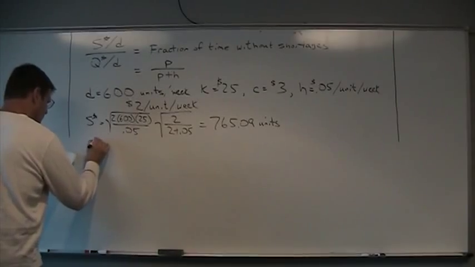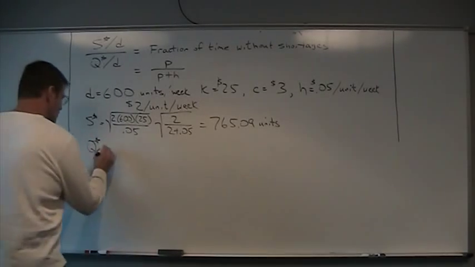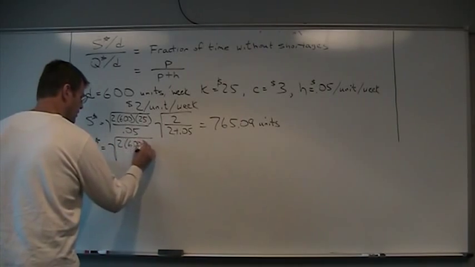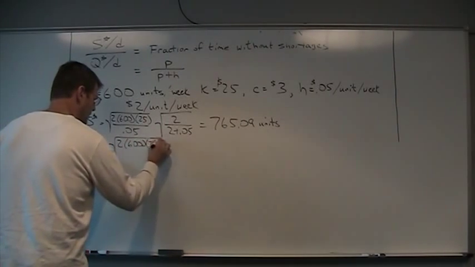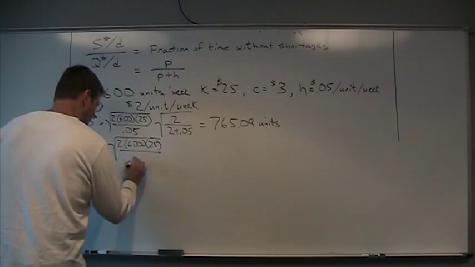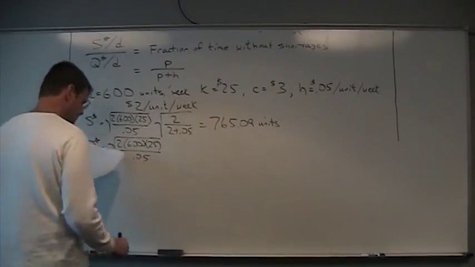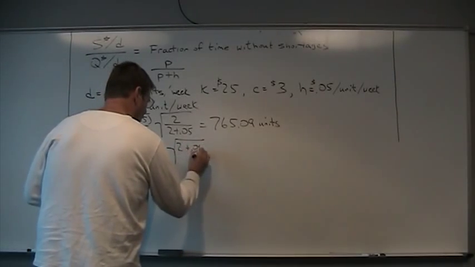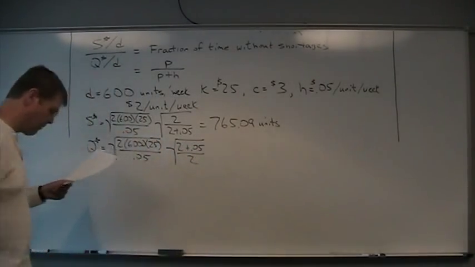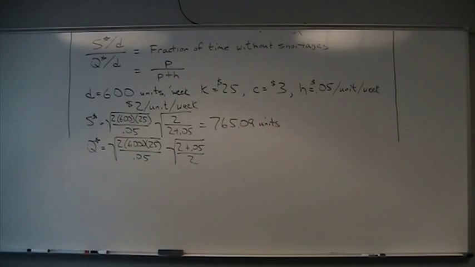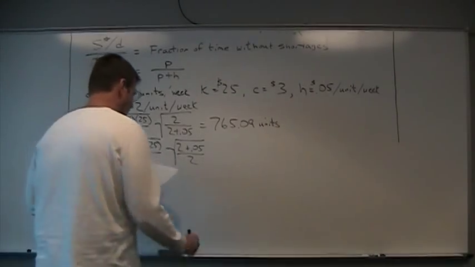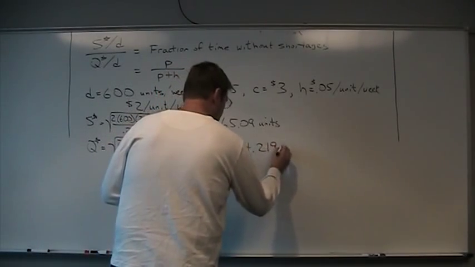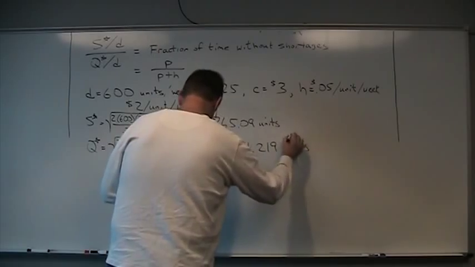Q star, that's the square root of 2 times 600 times 25 divided by 0.05 times the square root of 2 plus 0.05 divided by 2. And this works out to 784.219 units.